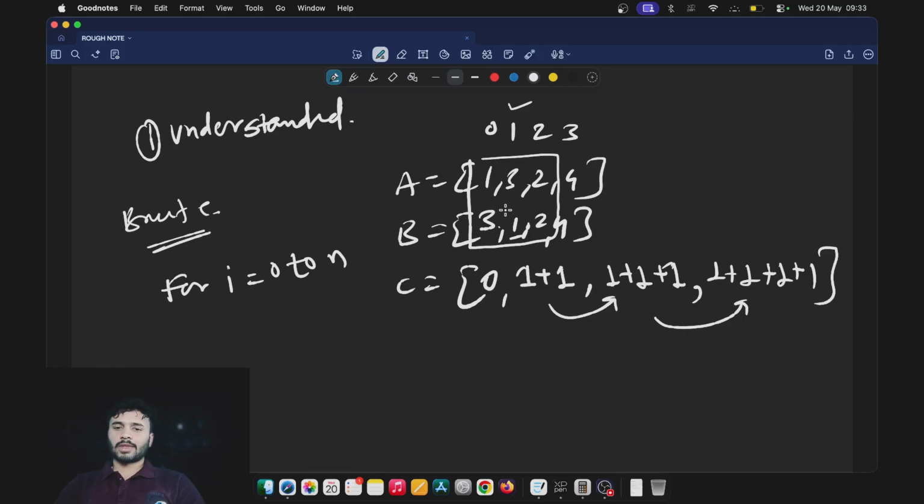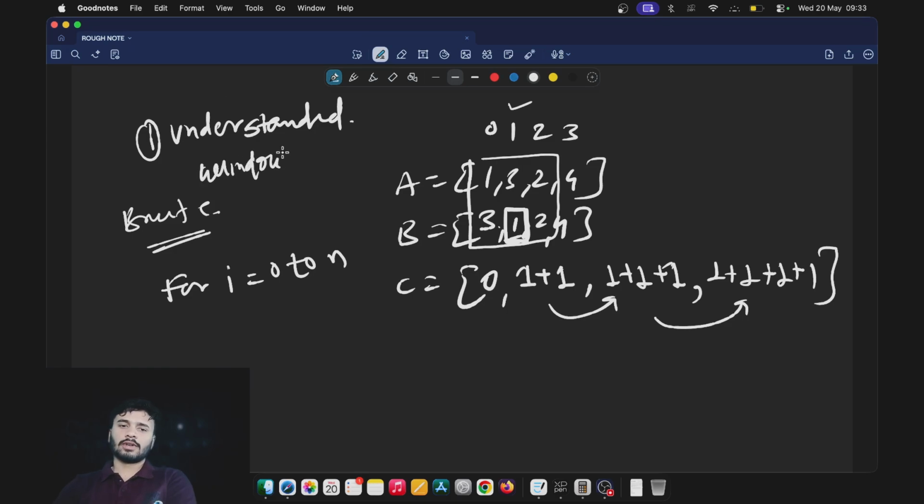For example, we are at index 1, so we have to check how many elements are common in this window. Let's take a window.